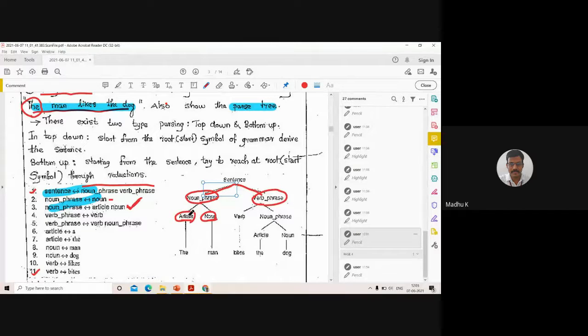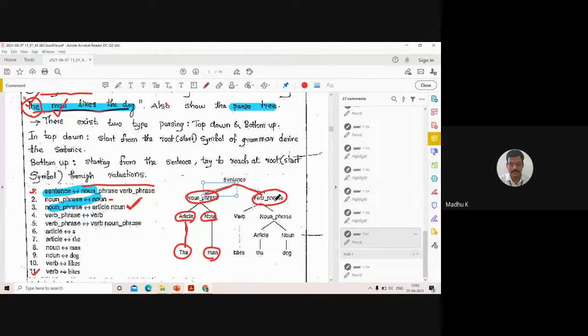Now I will replace article with the symbol the, which is an article that matches our sentence. Then noun is replaced with man, which also matches. This is completed.